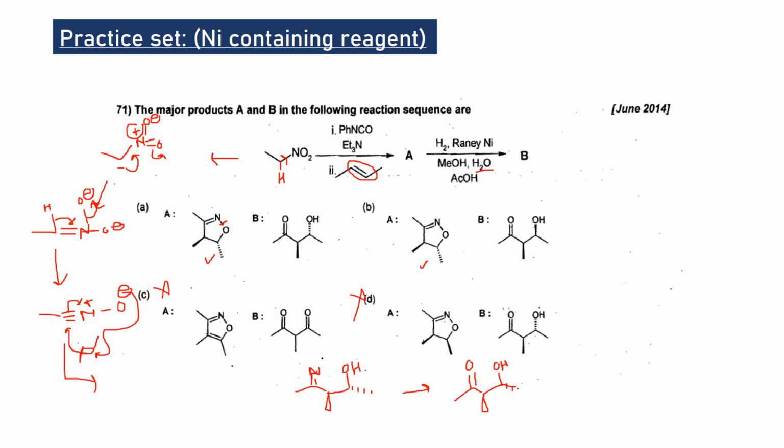Now from the options you can see that OH has been shown in a dash or a wedge. So you have to keep this OH in a dash or in a wedge bond.